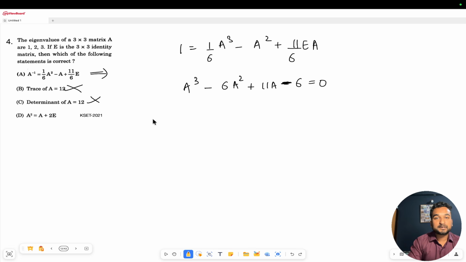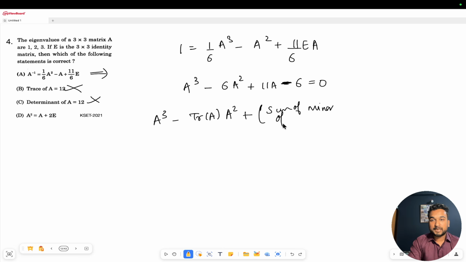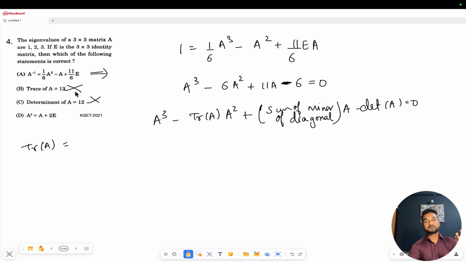So according to the characteristic equation, what was that? A cube minus trace of A into A square plus sum of minors of diagonal elements into A minus determinant of A equals to 0. So what is the trace of the given matrix? The matrix is not given, the eigenvalues are given, so trace is 6 and determinant is 6, which we calculated earlier.